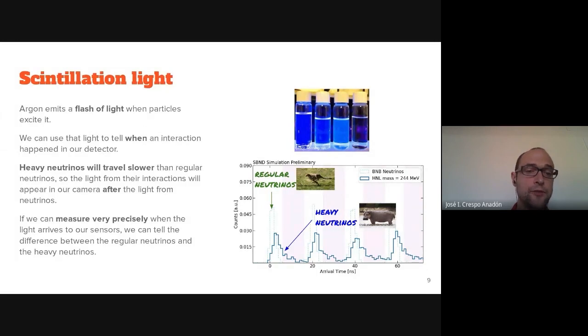So the light from their interactions in the detector will appear in our camera after the light from the regular neutrinos. For example, here you can see an actual simulation, and this green bunch here is the regular neutrinos, which are very fast. And this blue bunch here are the heavy neutrinos, which you can see appear later in time, simply because they are massive. So if we can measure very precisely when the light arrives at our sensors, we can tell the difference between the regular neutrinos and the heavy neutrinos.